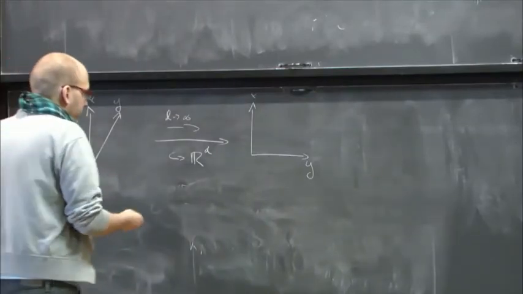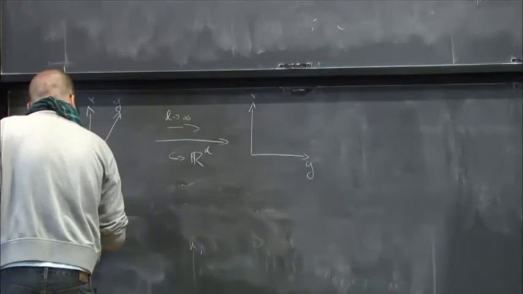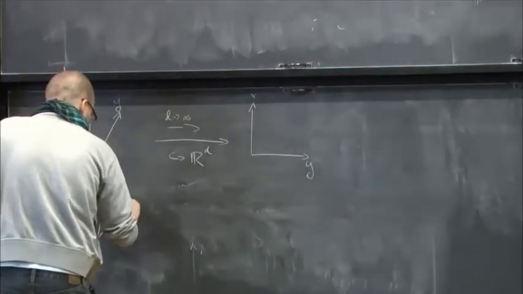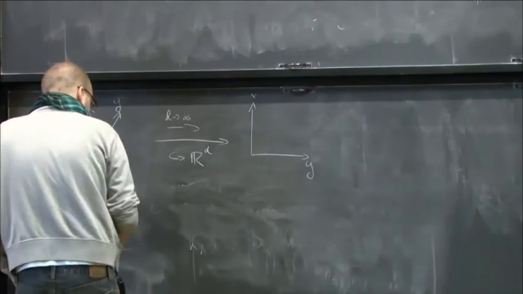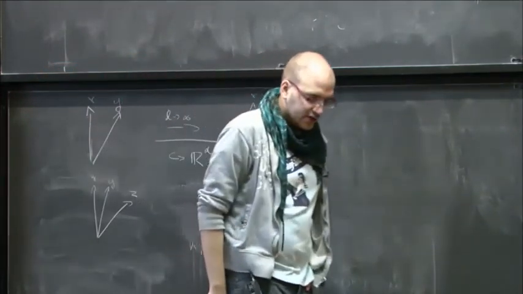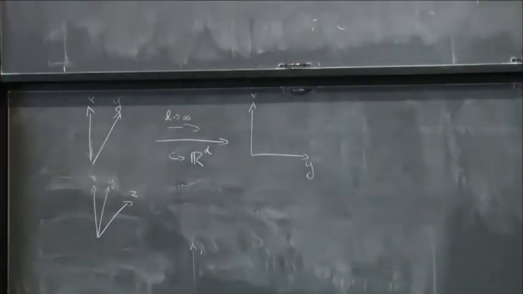This is good and nice, but now I run into a problem when I want to study more complicated arrangements. Let's say I instead look at a system of vectors x, y, z, and my combinatorial condition is that they are coplanar.